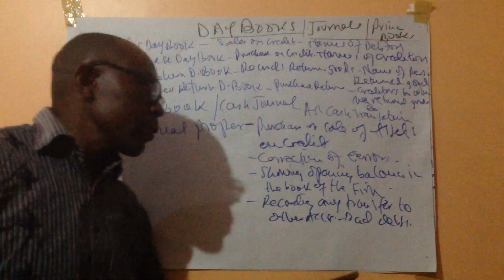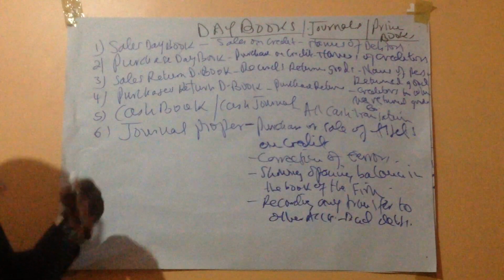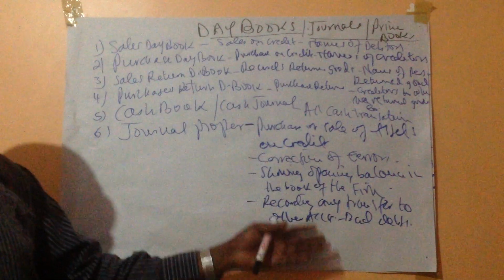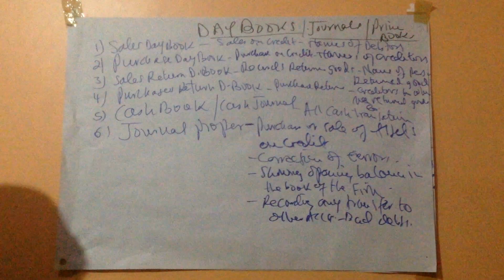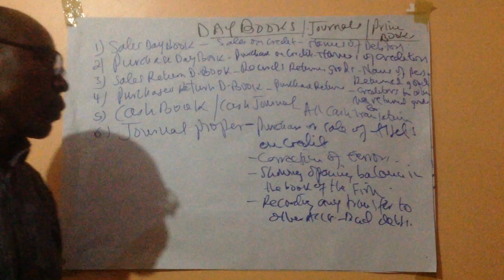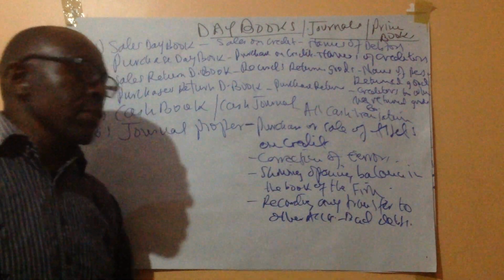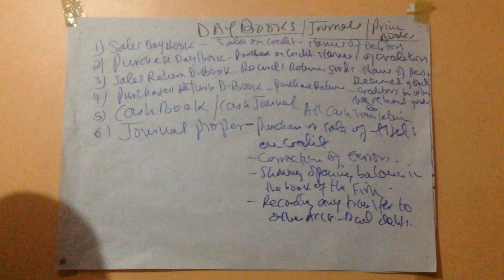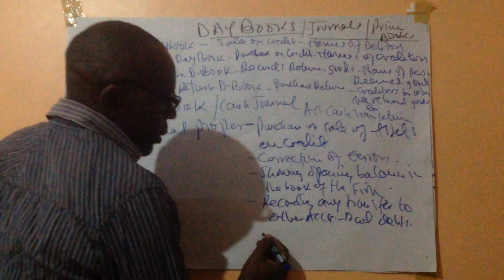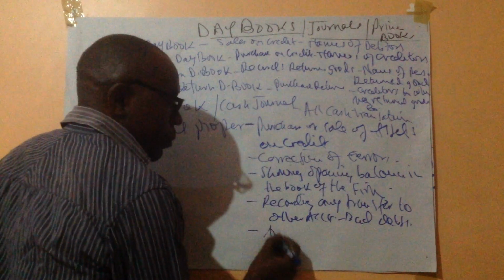So a transfer of some debt which is now not payable from the asset account to a different account, so it will now be written off as not payable or receivable. And there are more other transfers that we shall be seeing where we shall be using the journal proper.